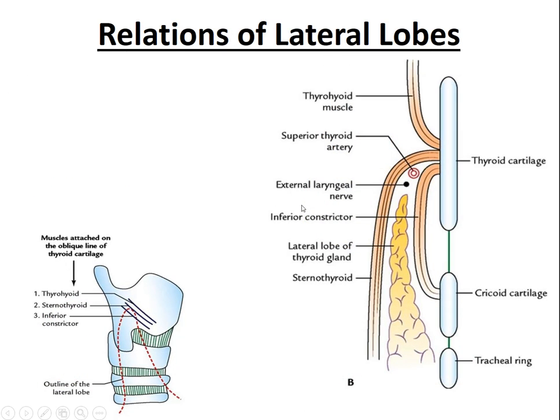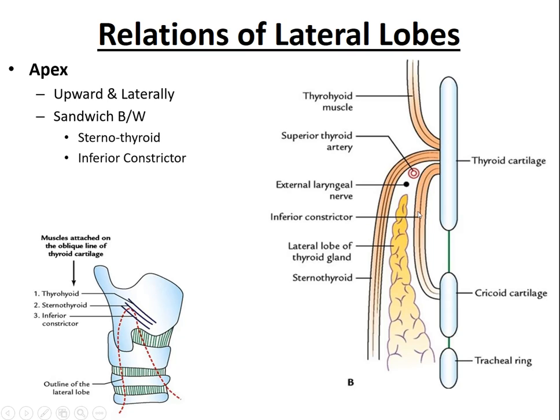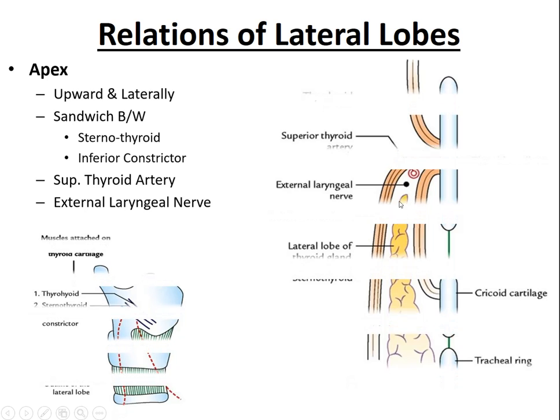Let us see the relations of the lateral lobe. The apex is directed upward and laterally, and it is sandwiched between two muscles, sternothyroid and inferior constrictor muscle. In addition, it is related with the superior thyroid artery and external laryngeal nerve.